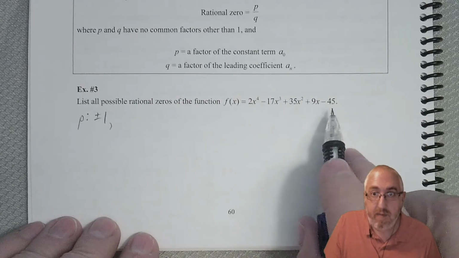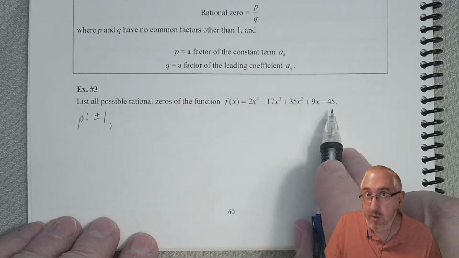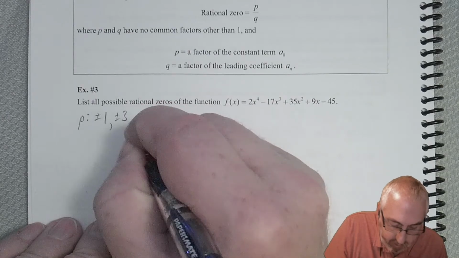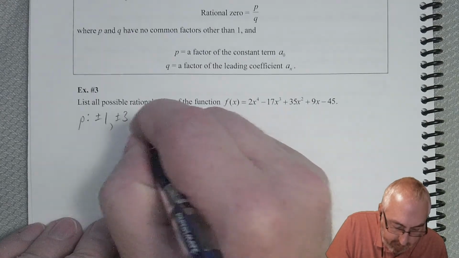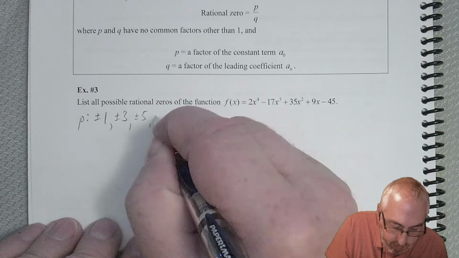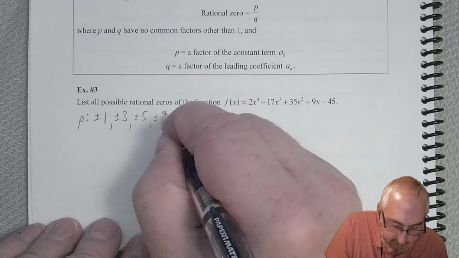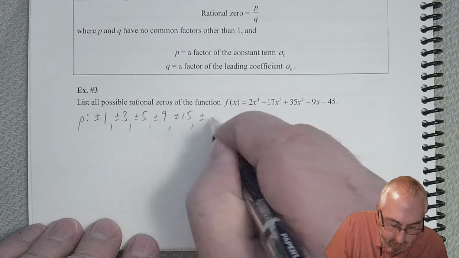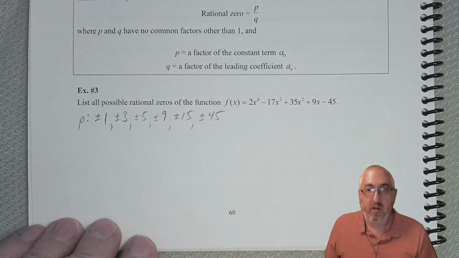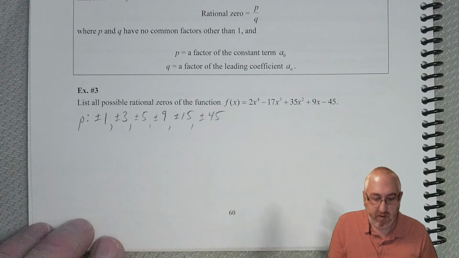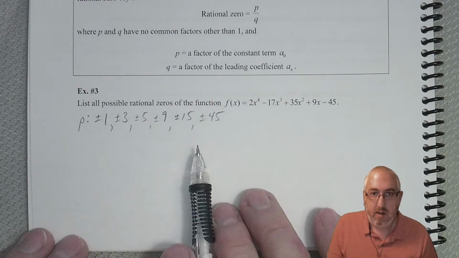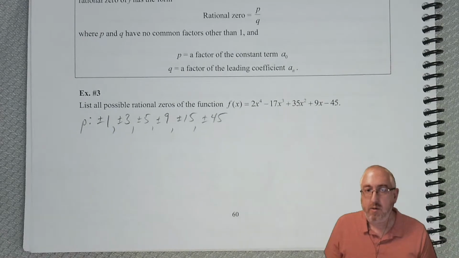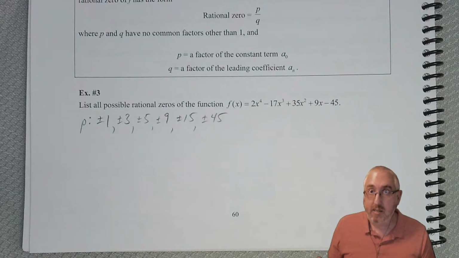The next factor of 45, well, 2 doesn't go in, 3 does, so plus or minus 3. How about plus or minus 5, plus or minus 9, plus or minus 15, all the way to plus or minus 45. I don't believe there are any other factors that will divide evenly into 45. So there are our potential p's.